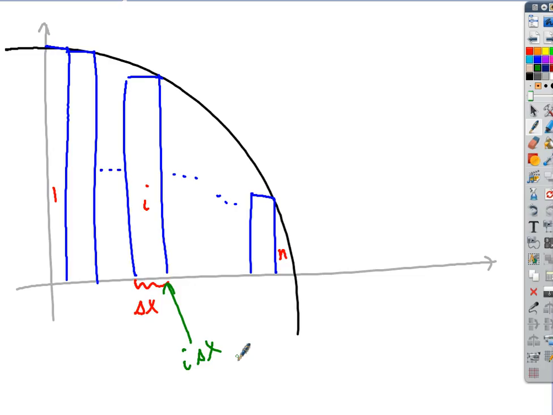Okay. So then the height of the function here, if our function is that, what's the height of the function going to be if the x value here is i times delta x? In other words, I've got a point with coordinates i delta x. What's going to go there?